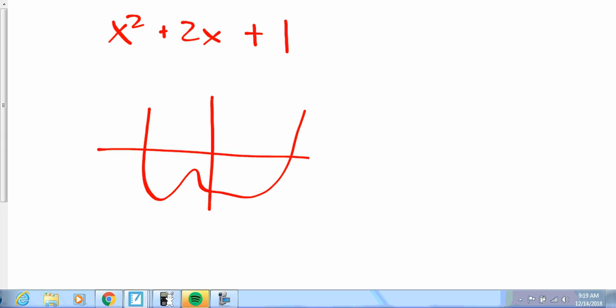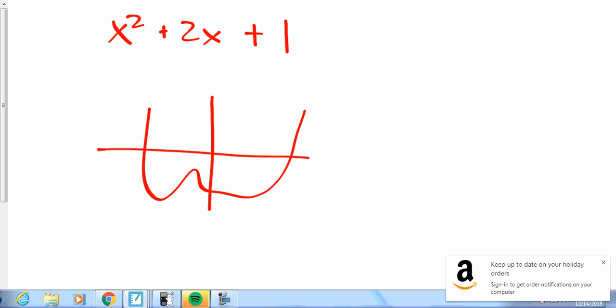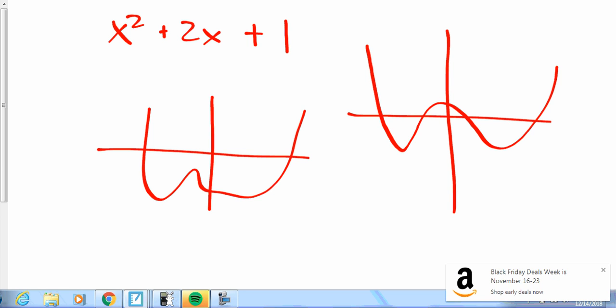I'll tell you it looks like this, and you'll have to find the remaining roots. You know the two real roots, right? What are the real roots? Here and here, right? How about this one? What are the real roots? How many are there? 4, right? Does this have any complex roots if it's a quartic?